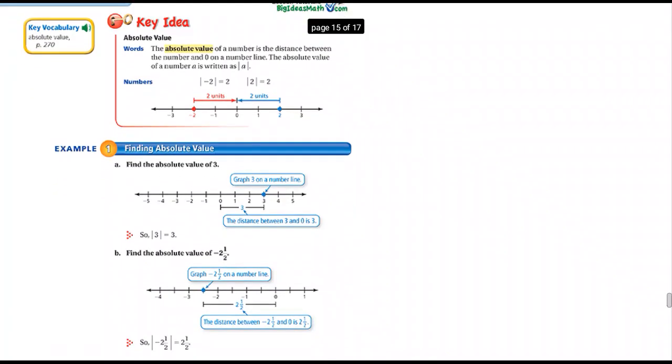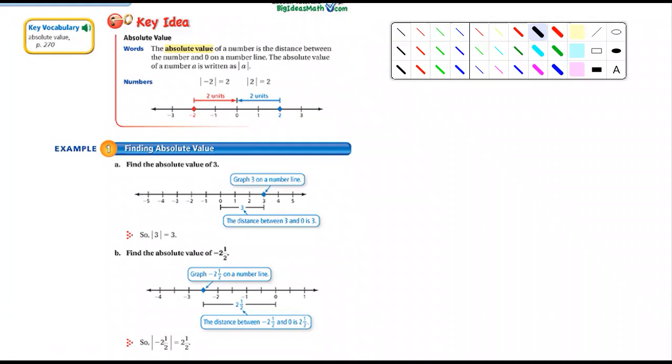Looking at the key idea here, it says the absolute value of a number is the distance between the number and 0 on the number line. They phrased it a little bit differently than I did, but it's the same thing. The absolute value of a number is written as that number between 2 vertical lines.